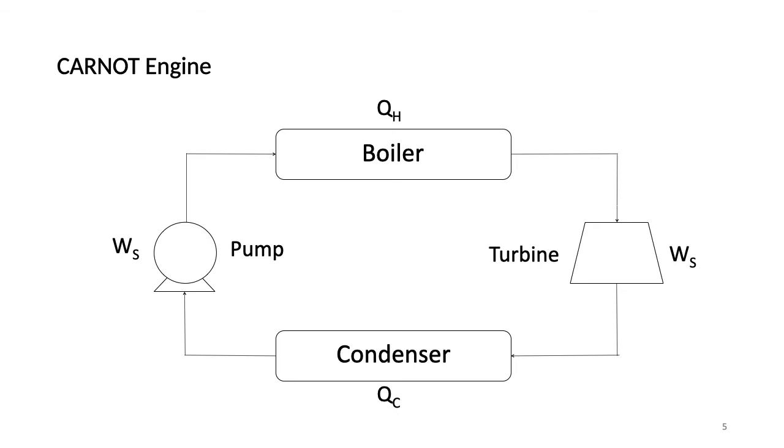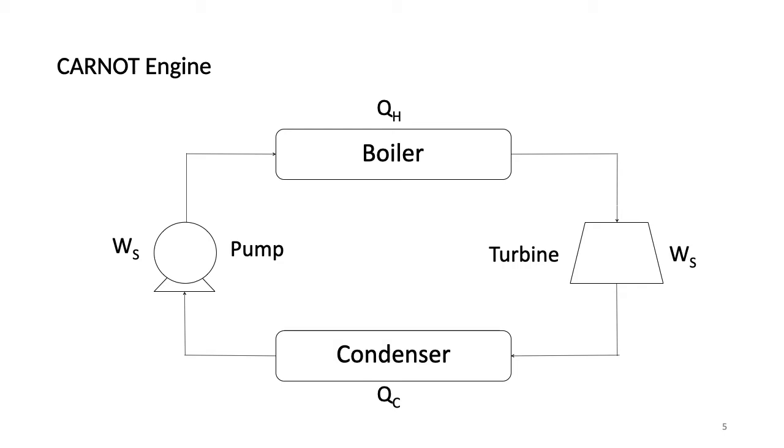This is an illustration of a Carnot engine. The hot side is the boiler and the cold side is the condenser. In the boiler, the gas undergoes isothermal expansion where the phase change takes place. In the condenser, isothermal compression, which is also a phase change.